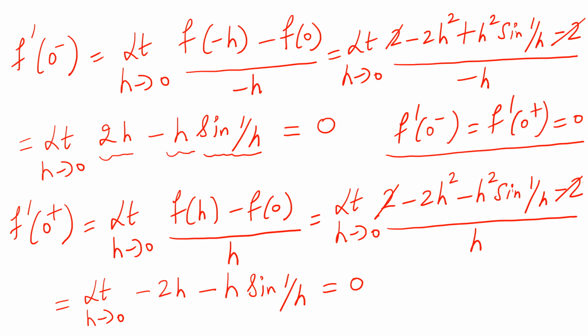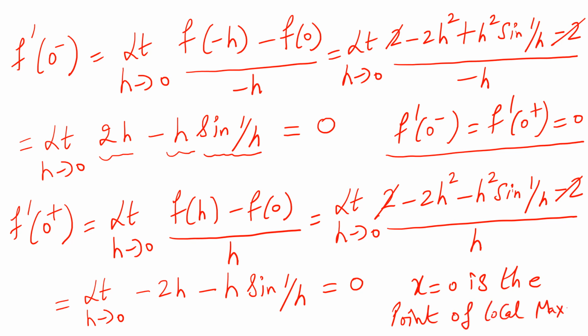So this clearly means that x equal to 0 is the point of local maxima, right? So that means from here we conclude that option A is not correct, as well as option D is also not correct. Now students, we discuss the remaining two options.